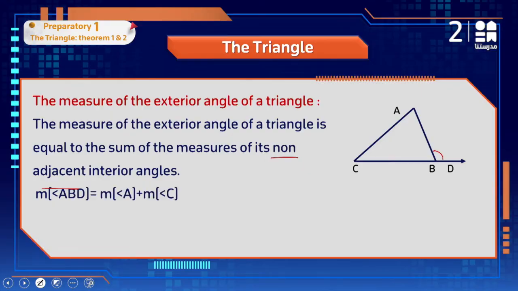It is equal to the sum of A and C. Why did we pick A and C? They are non-adjacent here, so keep B and take the other two angles. So the measurement of angle ABD is equal to the measurement of angle A plus the measurement of angle C.